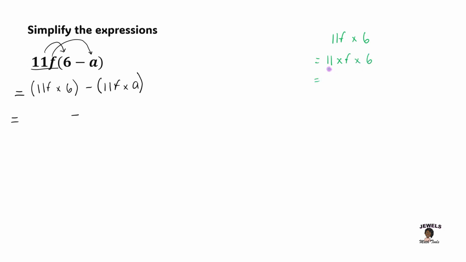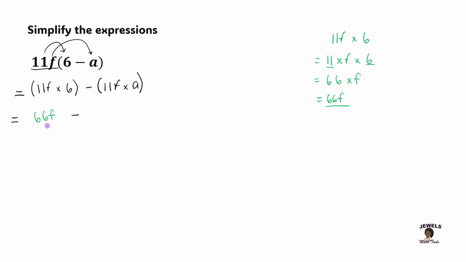And since 6 and 11 are both numbers, we can multiply those together. So when we multiply 11 times 6, we will get 66. And then we will multiply 66 to f, which will equal our 66f. And let's return that back into our question.